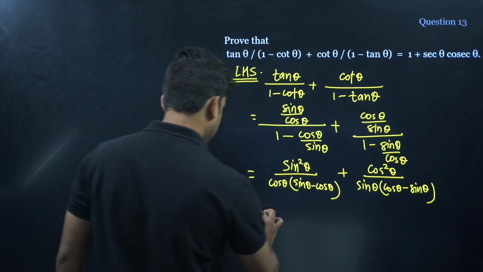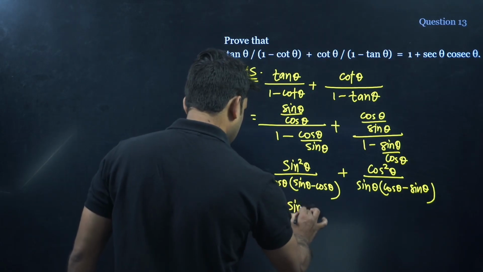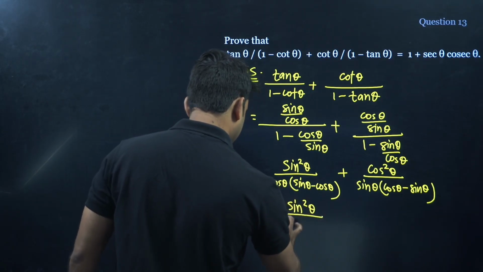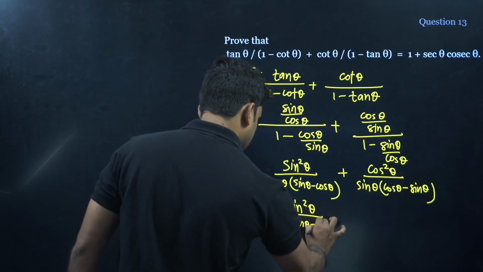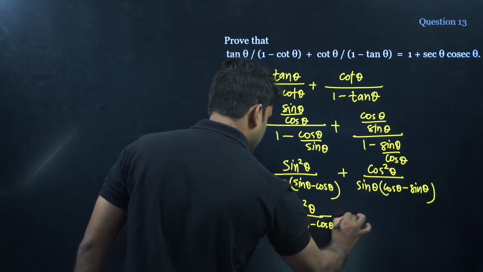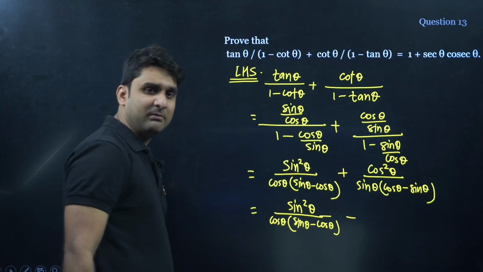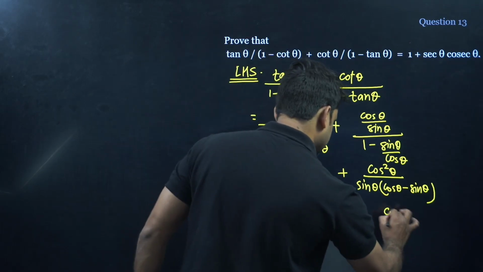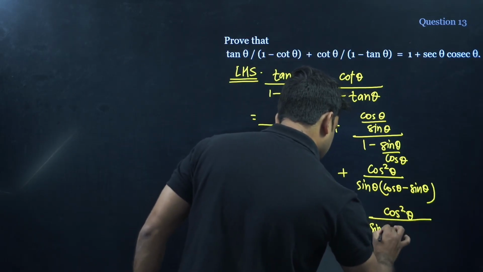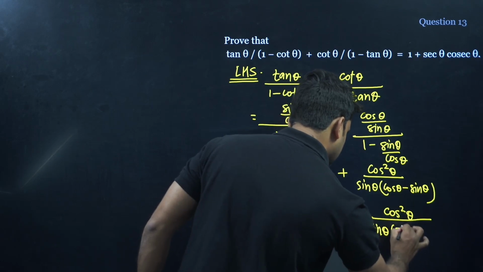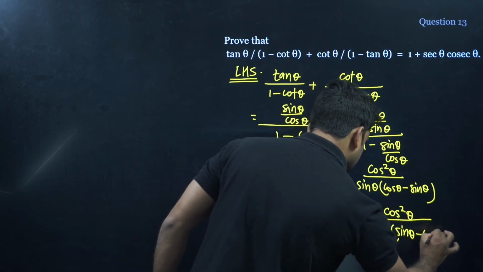So sine square theta remains as it is, cos theta, and here we have sine theta minus cos theta, and plus sine will become minus, and this is cos square theta divided by sine theta, and this will look like sine theta minus cos theta.